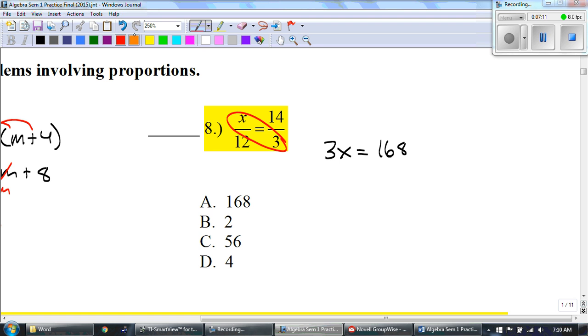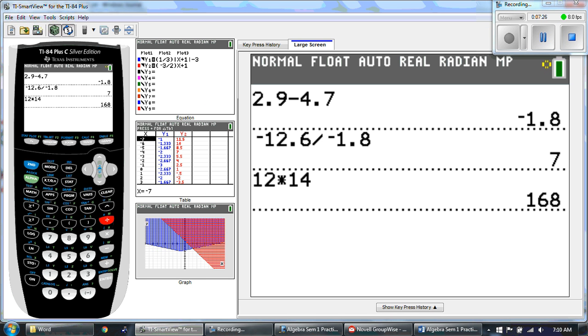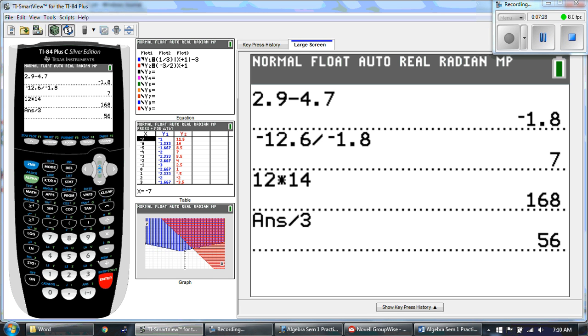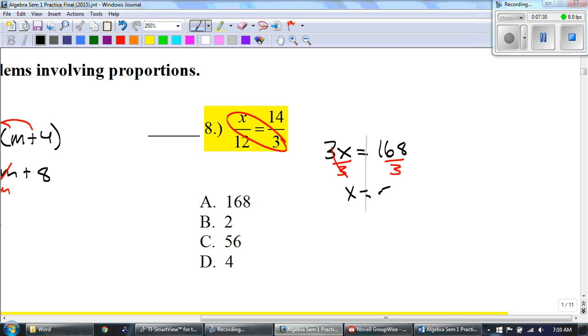Now, don't just say, hey, 168, that's my answer. No, that's not your answer because the x is not by itself. You need to divide both sides by 3 to get your final answer. So 168 divided by 3, you get 56.